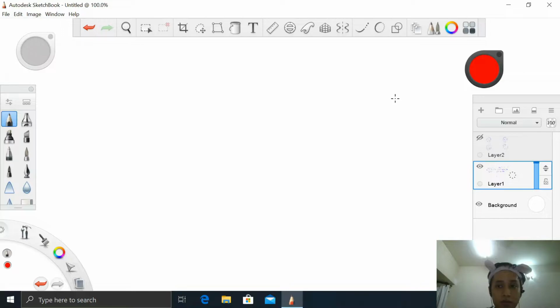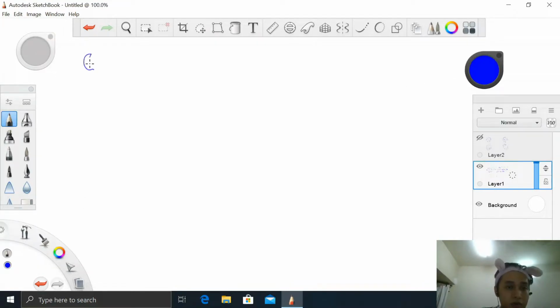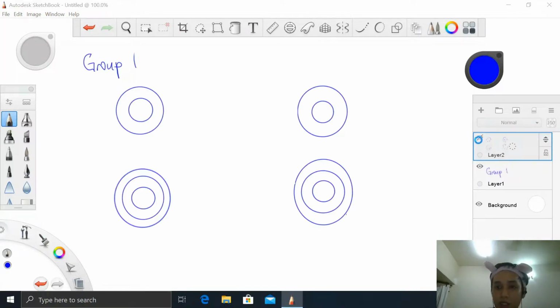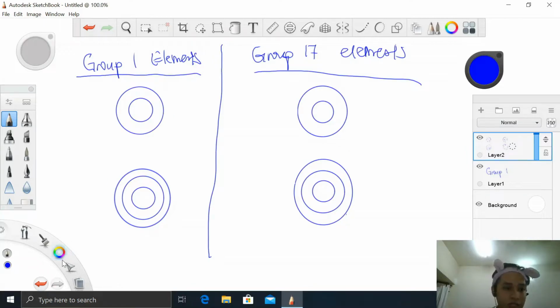Alright, so for reactivity, in the case of group 1 elements, and then this one will be group 17. Alright, so for reactivity, now if you remember that for group 1, as you go down the group, their reactivity increases.